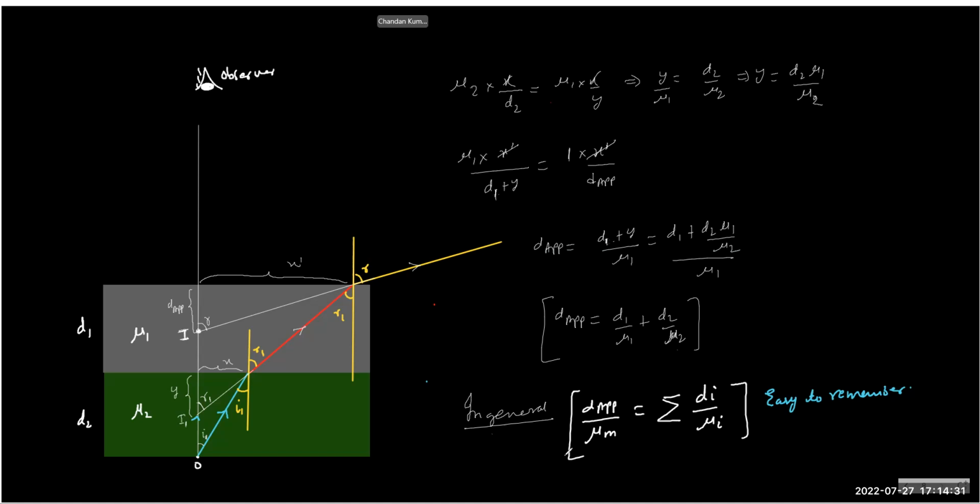In general, this is easy to remember. You can apply it for any number. Although we derived it for 2, as you know, you can apply it for 3, 4, 5, and so on. So I hope the concept of normal shift is clear, how to find the normal shift and how to find the apparent and real.